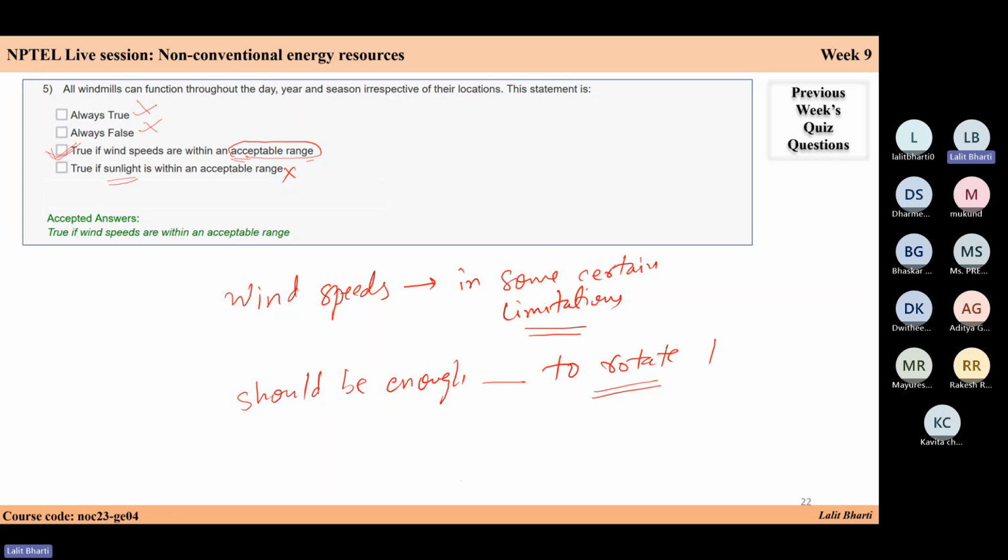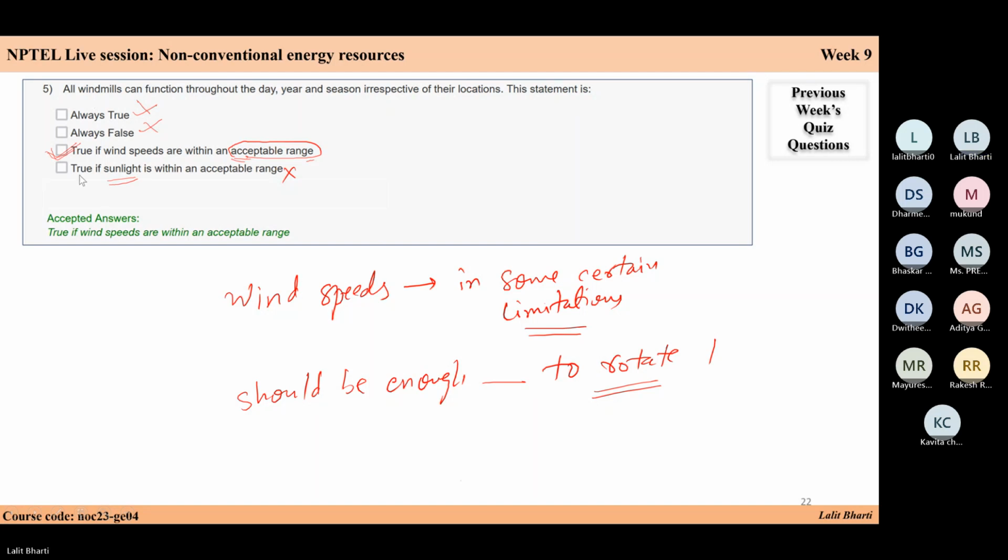So the statement 'always true' is incorrect and 'always false' is also incorrect. The statement is neither always true nor always false. It is true if the wind speeds are within the acceptable range. We need the wind speed to be in a certain range, and only then will your windmill function properly.